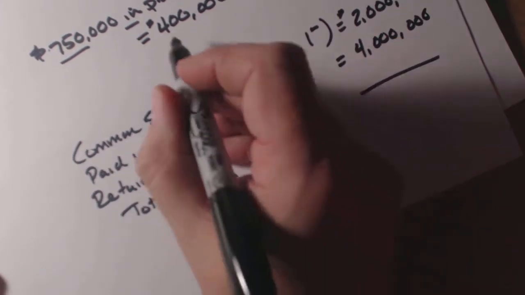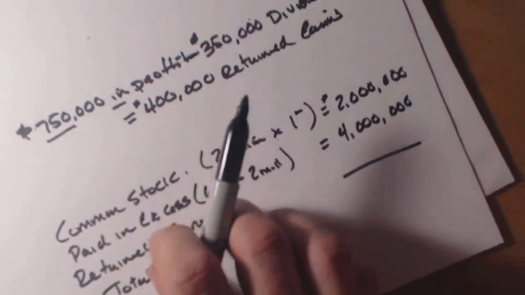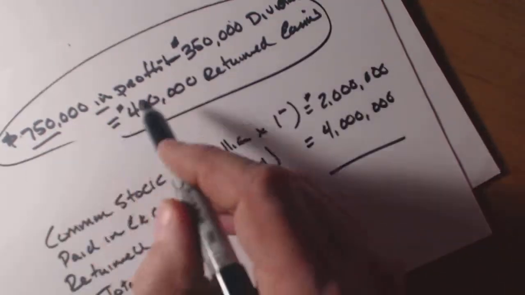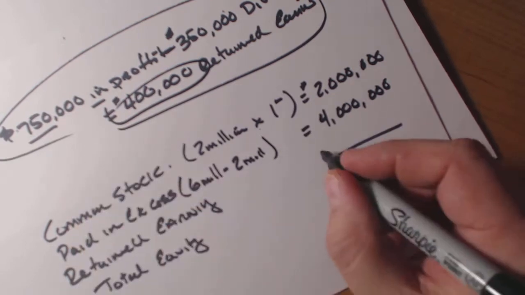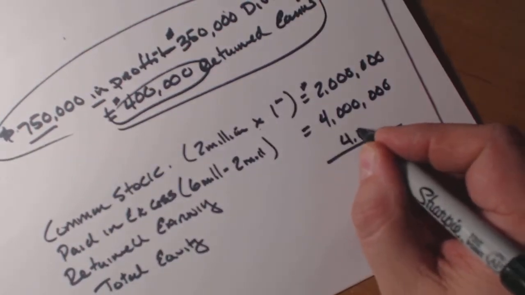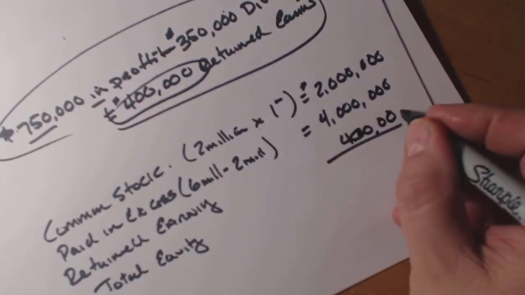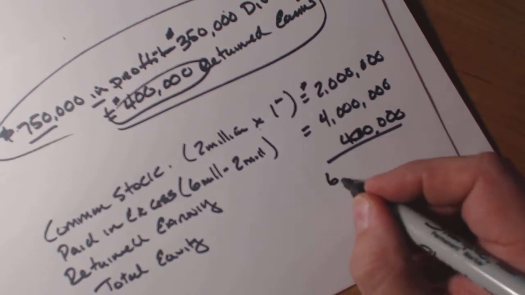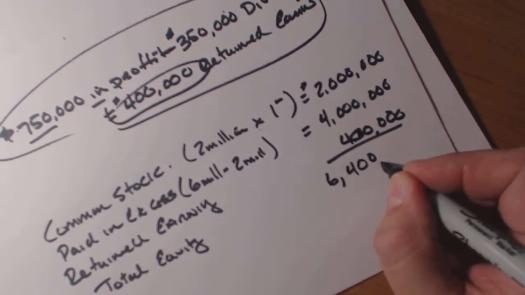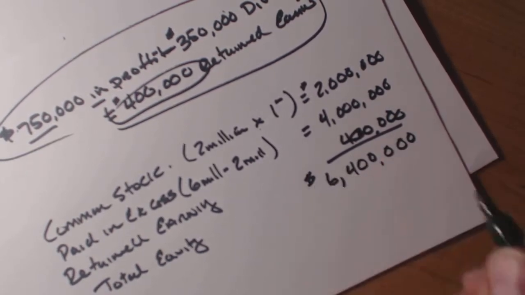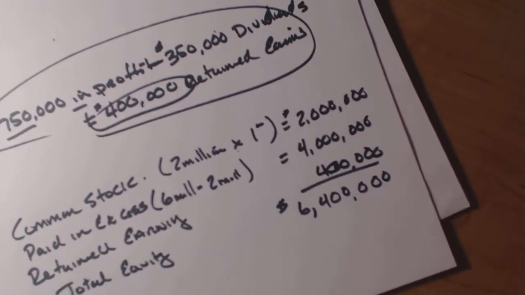Then our retained earnings, which was this number right up here, $400,000 right there. So that one comes down, $400,000. So our total equity would be $6,400. That would be the answer to the problem that I gave to you.